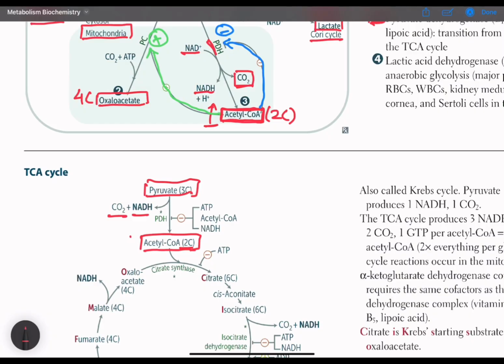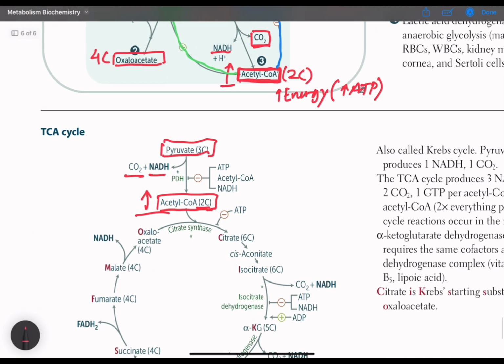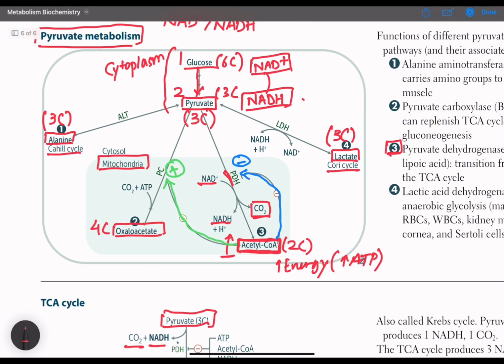Now, when the concentration of acetyl-CoA increases, it means that the cell has increased energy. Increased energy occurs when there are a lot of ATPs in the cell. This will lead to the inhibition of the downstream processes of the TCA cycle, so the concentration of acetyl-CoA will increase.